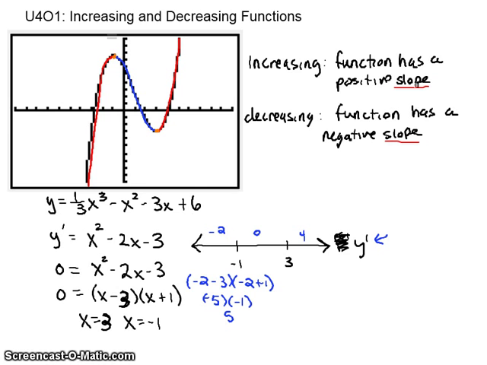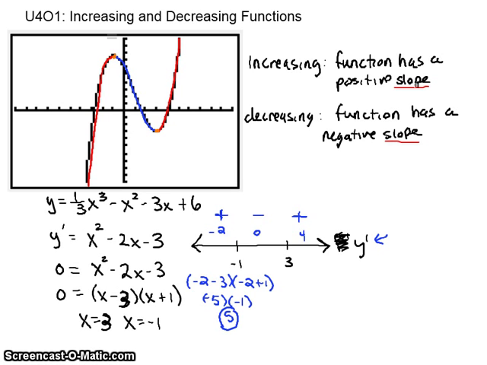If we go back to our definition, if our slope or our derivative is positive, like we have here, then we know our function is increasing. So I like to put little plus signs above, so we can see from negative infinity to negative 1 we're positive. If you do the same thing with 0 and 4, you're going to find out that your derivative is going to be positive, negative, positive on those three intervals.